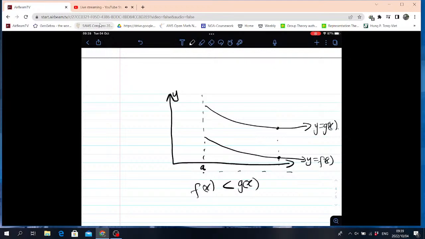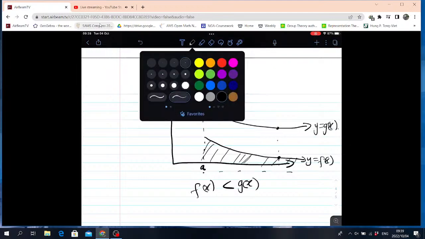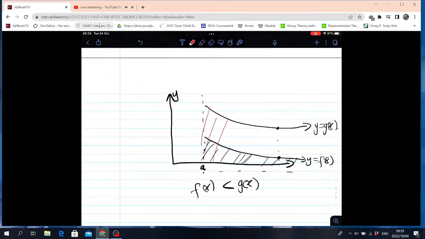If you pick any value here, the value there will be less than that one, right? And so the idea is, if you think about the area under the curve, which would be the integral, then we know from the comparison theorem from 114 that the integral of f of x will be less than, maybe less than or equal to, the integral of g of x.